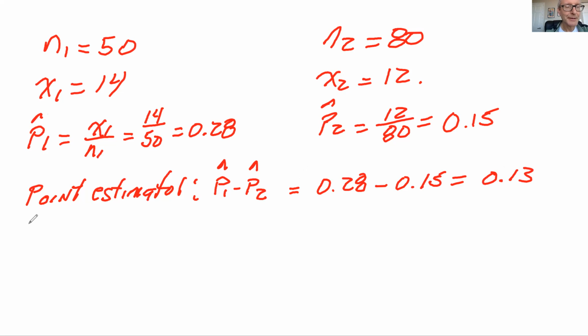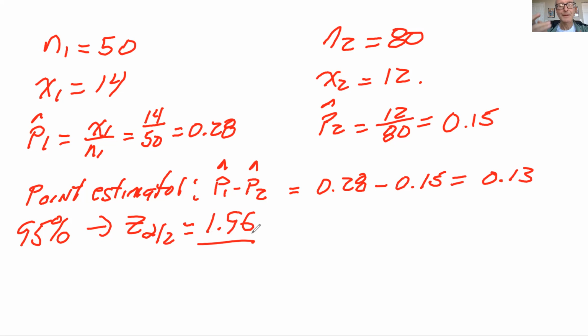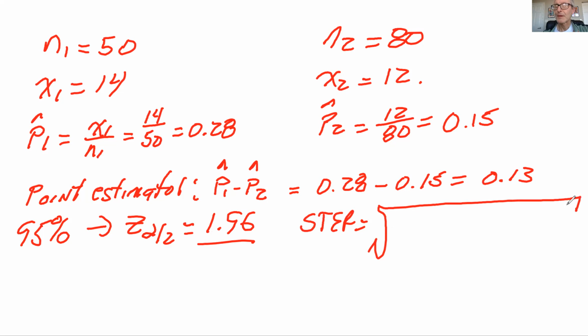So what is our 95% confidence level? It implies a z-score, and they use that alpha over 2 of 1.96. So what do we need now? Well, we need the standard error. And that would look like this. It would be P1, so that would be 0.28, times 1 minus P1, all divided by N1, which is 50.